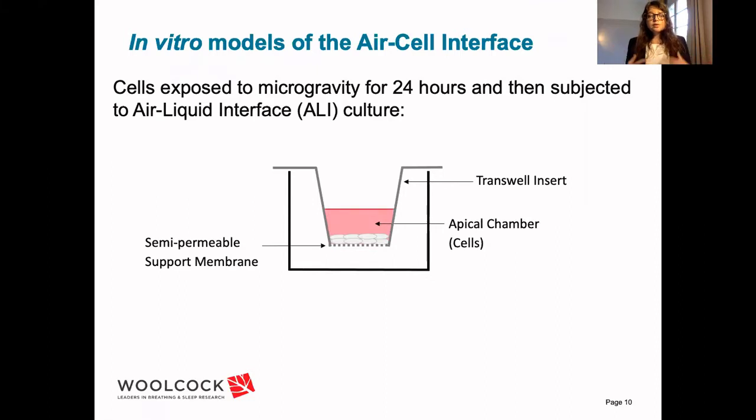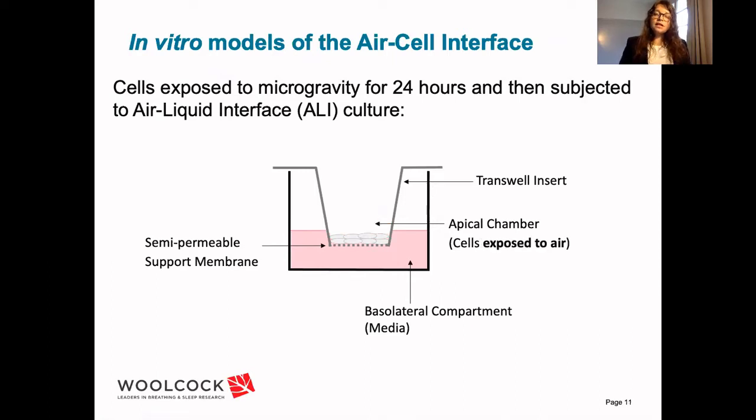So the first thing that we do is those cells were exposed to microgravity, and then we placed them in the apical chamber, so the top chamber of that transwell, and then filled the basolateral, the bottom compartment of that insert with media. After 2 days of growth in this condition, the media was removed and the cells are exposed to air.